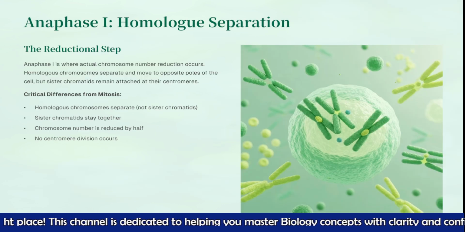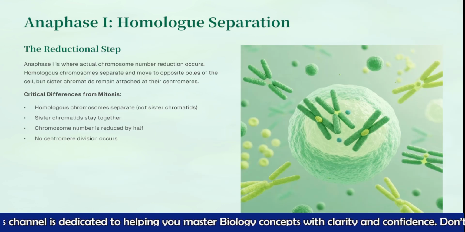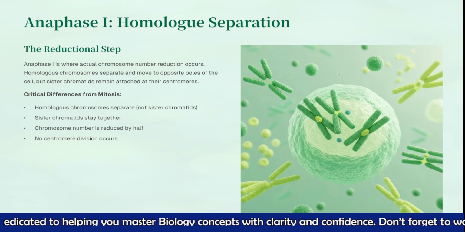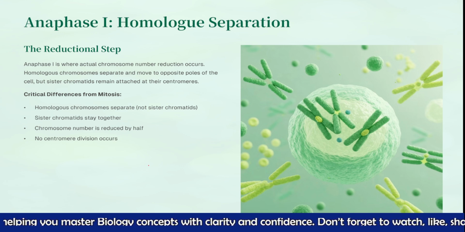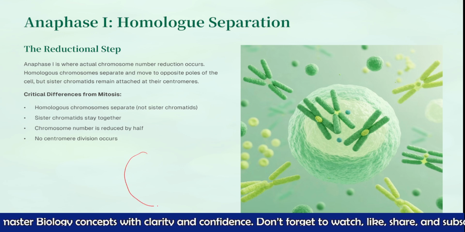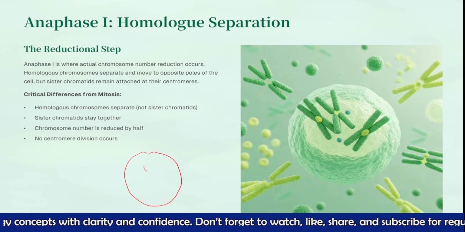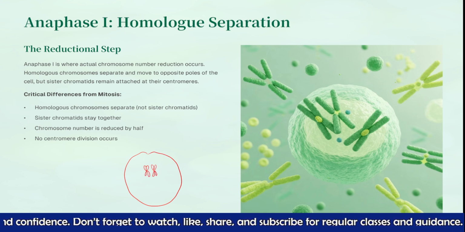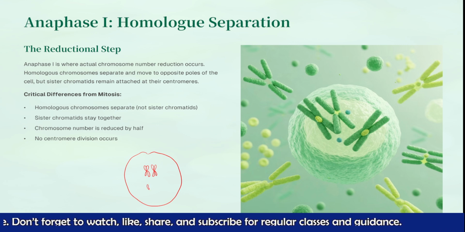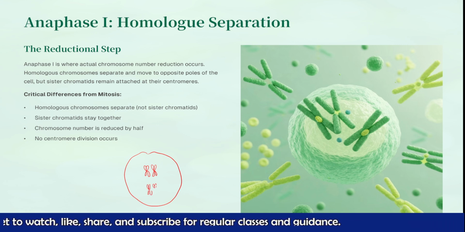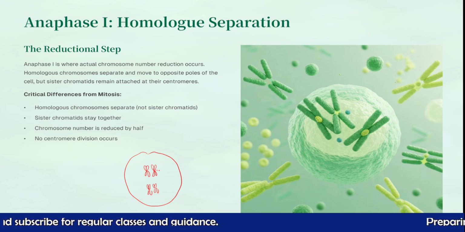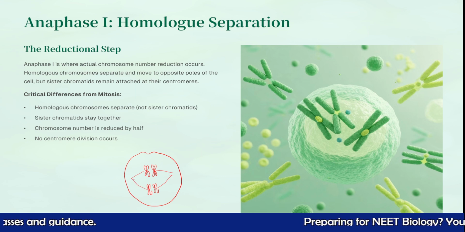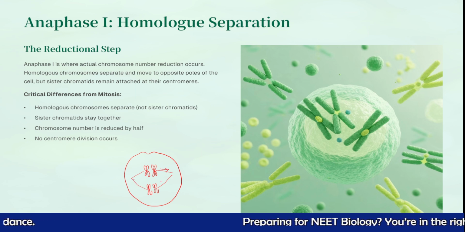Then in anaphase 1, here are the homologous chromosomes. Suppose this is one chromosome, this is another chromosome of the first homologous pair, then the next pair. So in the anaphase stage, what happens? The spindle fibers attach here and then they pull towards the pole.